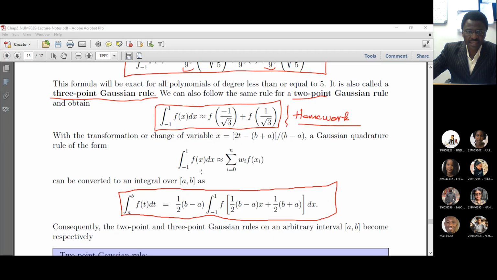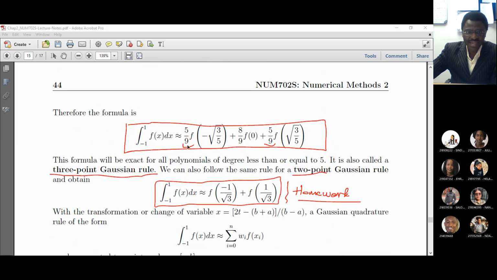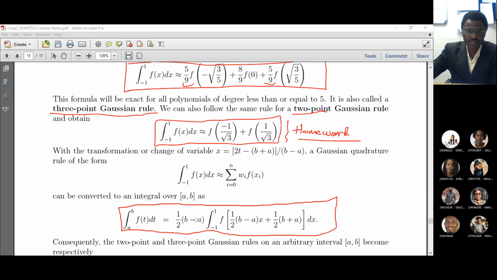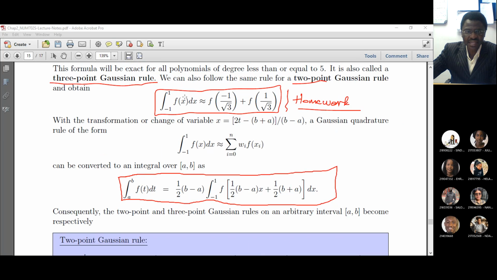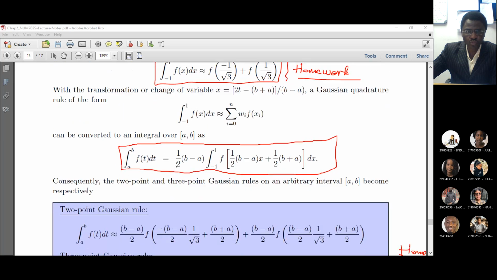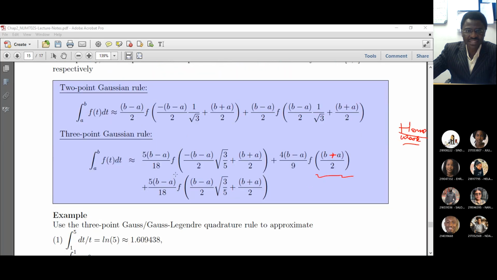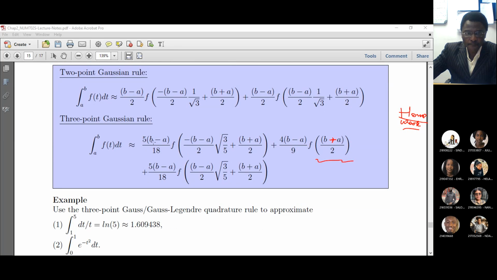Because you remember that you multiply any coefficient by (b minus a) by 2. So this 5 by 9 will be multiplied by this. So you have it here, 5 by 9. This 9 will be multiplied by this 2. 9 by 2 becomes 18. That's why you have 18 here. I have b minus a as a factor. You have another b minus a here, and you have b minus a.